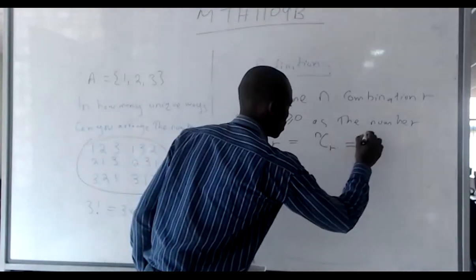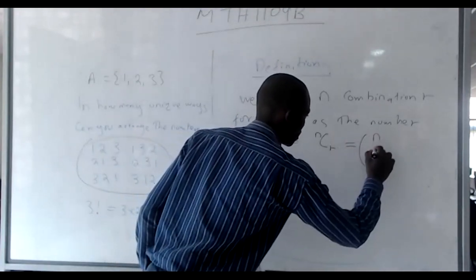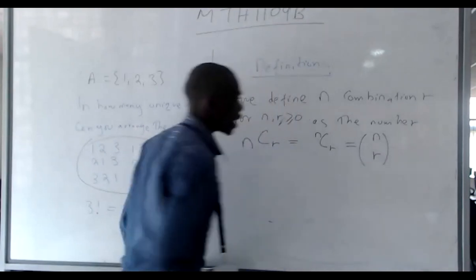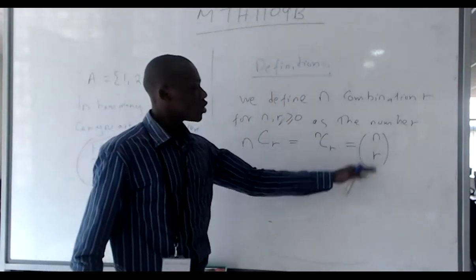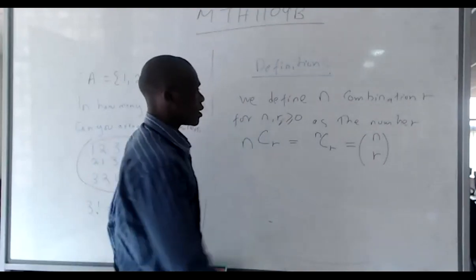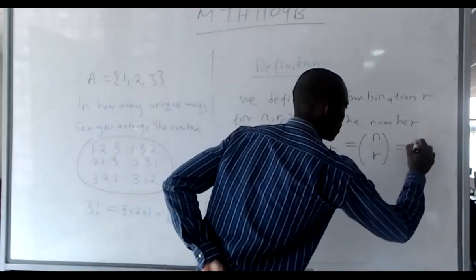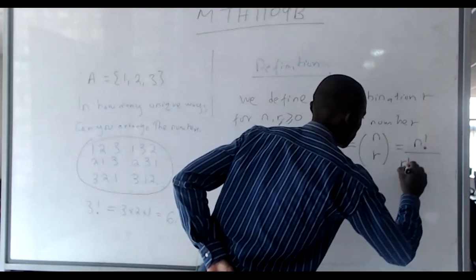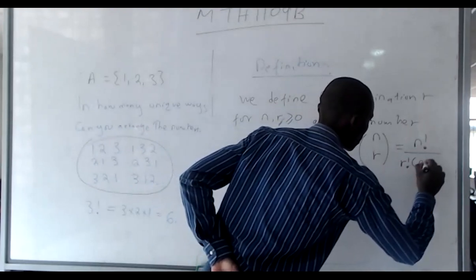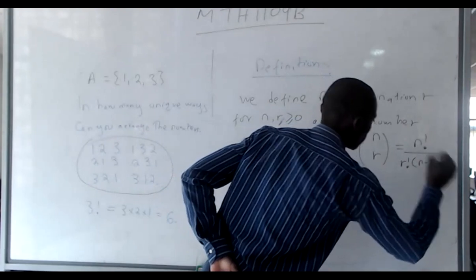Mathematically, we read this as N combination R. So it's just a matrix with 2 rows in 1 column. And the definition of this is N factorial divided by R factorial times N minus R factorial.